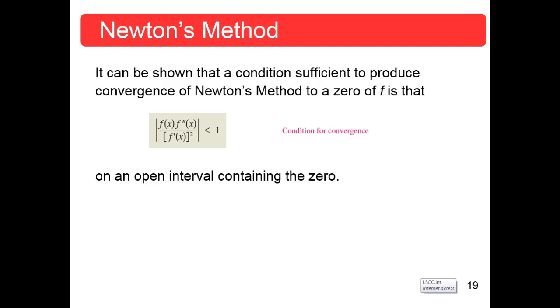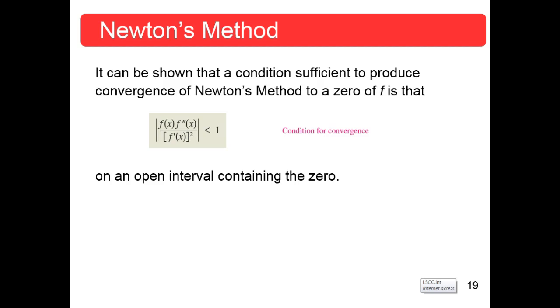Now, it can be shown, this is the top of page 232, that a condition sufficient to produce convergence of Newton's method to a zero of f is that the absolute value of your function at some given value times the second derivative of the function at that value divided by the first derivative squared, if that is less than 1, you're okay.